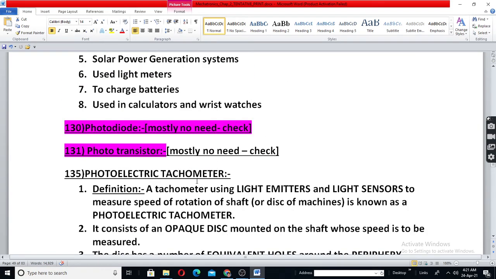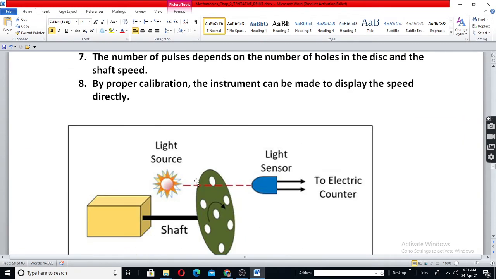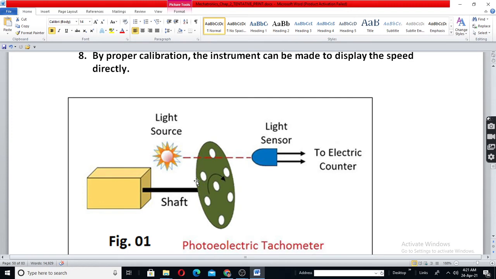Photoelectric tachometer. See, this is very simple. See, this is the shaft. Say this is the motor or whatever it is. Shaft is there which rotates. When it rotates, the disc also rotates.